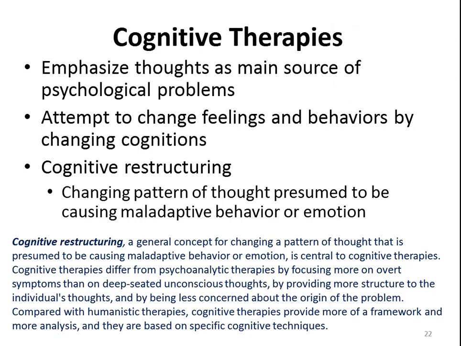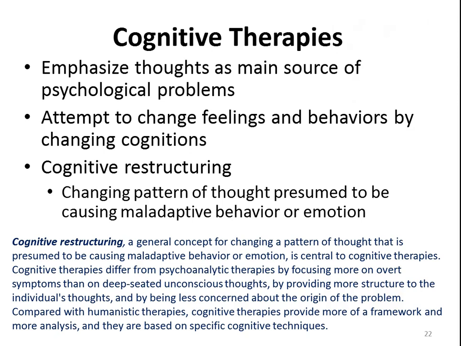Cognitive therapies emphasize thoughts as the main source. The premise is that there's distorted thinking, and we need to identify the distortions that somebody uses and then restructure their thinking, changing the pattern of thought presumed to be causing the maladaptive emotion or behavior. So basically, we have thoughts that are out of whack. My thought is all-or-nothing kind of thinking. That's the distortion. So I see a situation, I'm not doing well on a test.